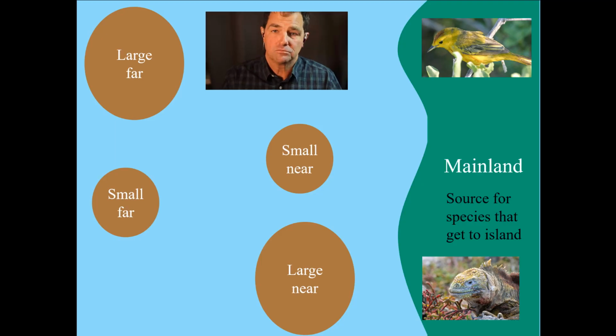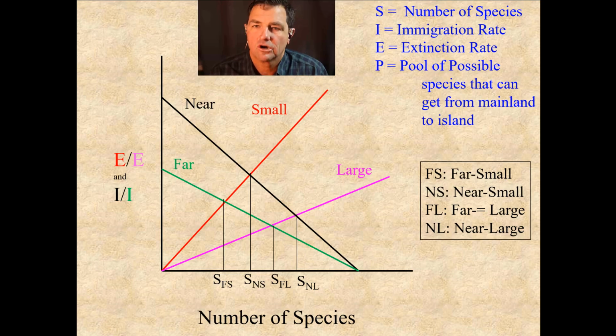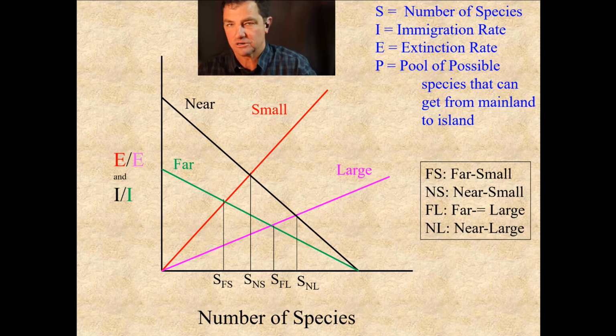So now you can put the whole thing together and ask yourself, okay, what about small islands that are close versus small islands that are far, and large islands that are close versus large islands that are far? You can put that all together to predict what you would end up with. All right, so we can combine all those graphs into one super awesome graph that looks like this, that compares immigration and extinction rates for small and large islands that are both near and distant to the mainland.